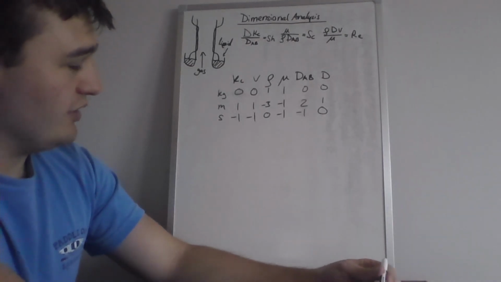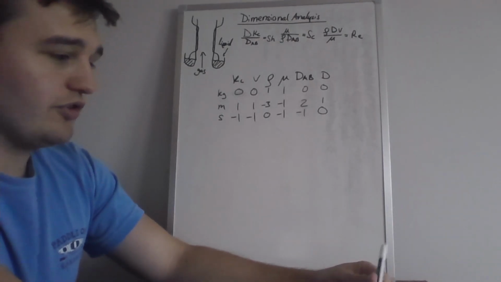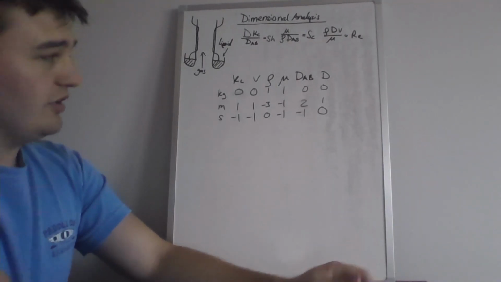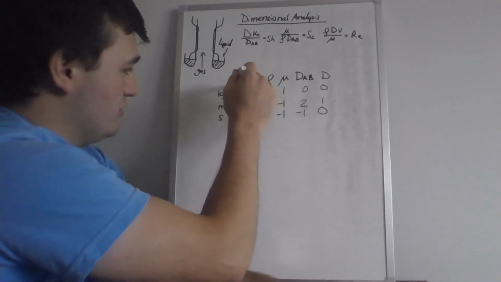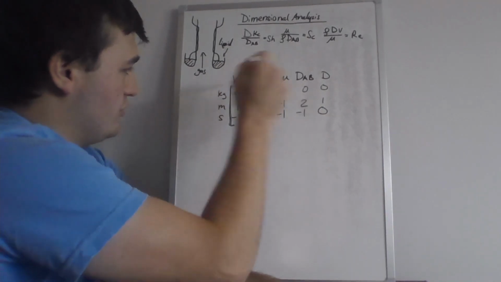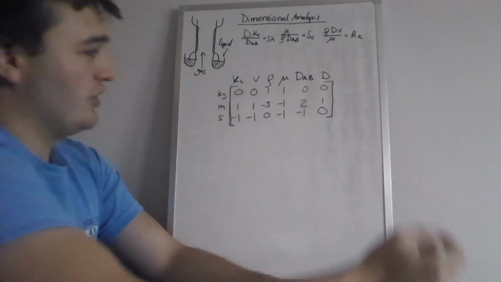So now that we have the units for these variables defined, we need to make a dimensional matrix out of these. Essentially we're just putting brackets around that, and we'll call that a matrix. So this is our dimensional matrix.